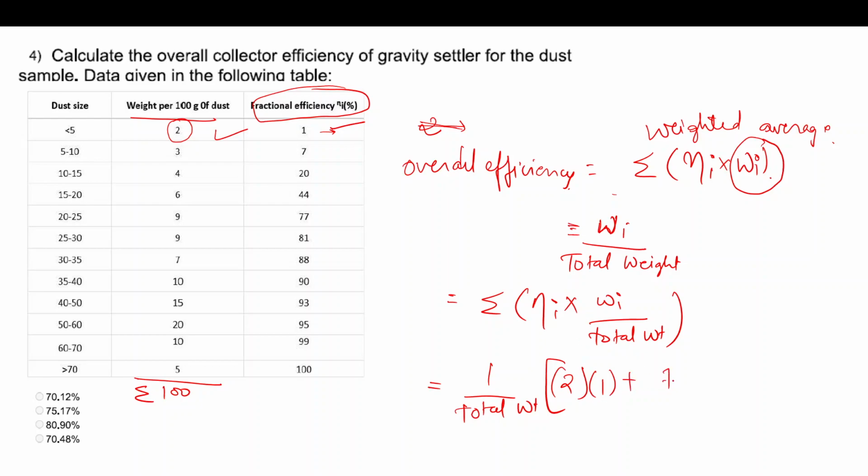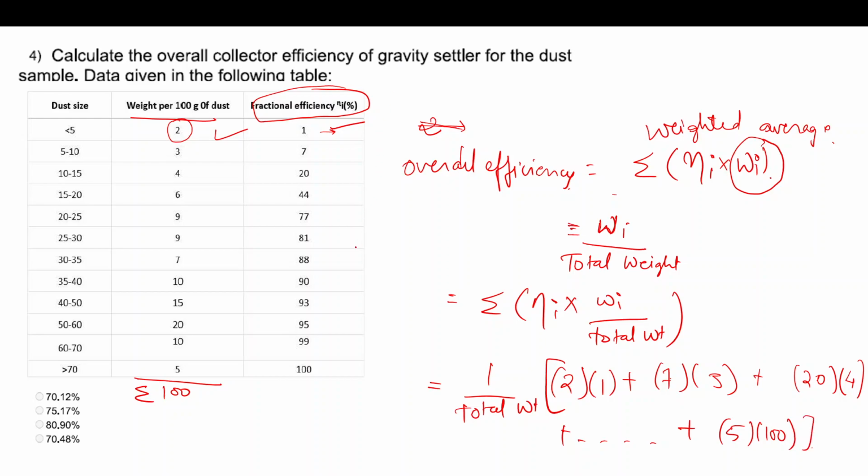Now you do for each and every case. For the 5 to 10 size distribution, you have eta i to be 7 and weight is 3. Then for 10 to 15, you have 20% efficiency and 4 gram weight. So you do for all the rows till 5 into 100.